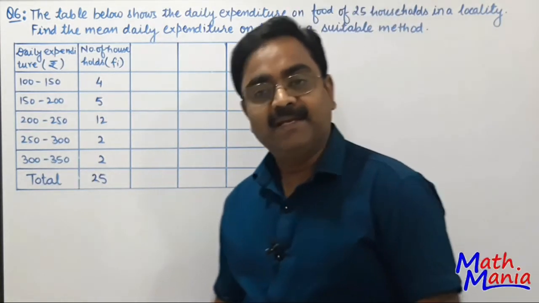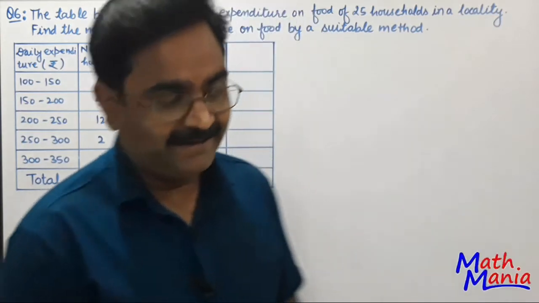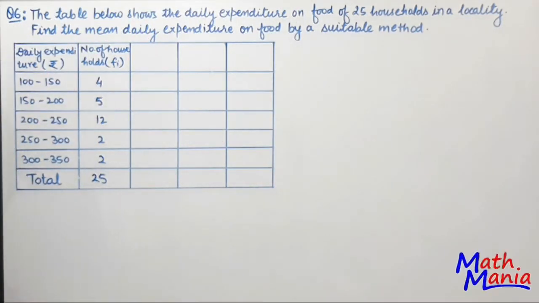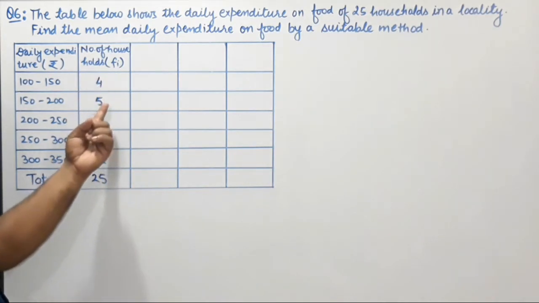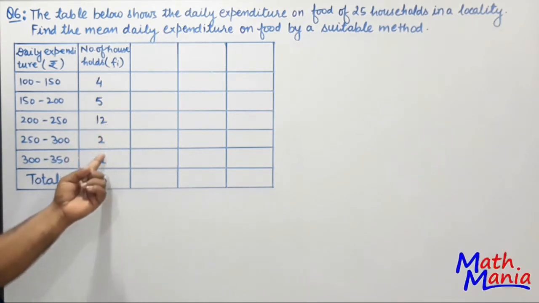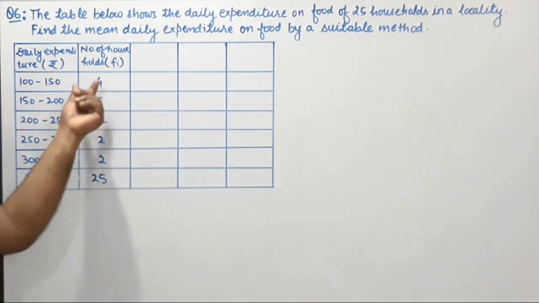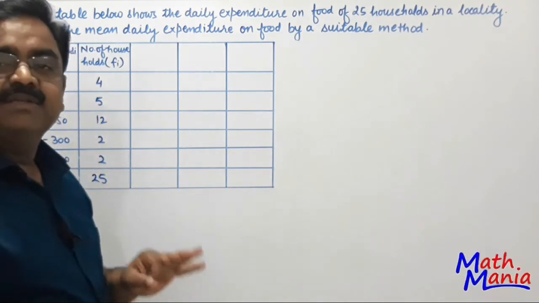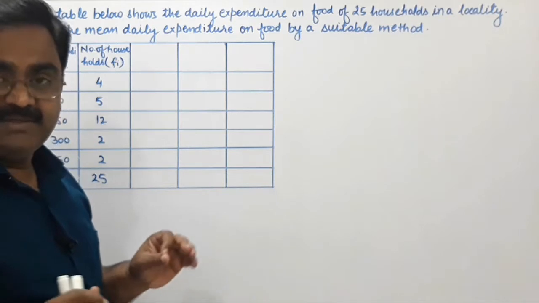Now the frequencies are given: 4 plus 5 is 9, plus 12, 21, 22, 23, 24, 25. So these are small numbers, so we are going to use the assumed mean method, right?